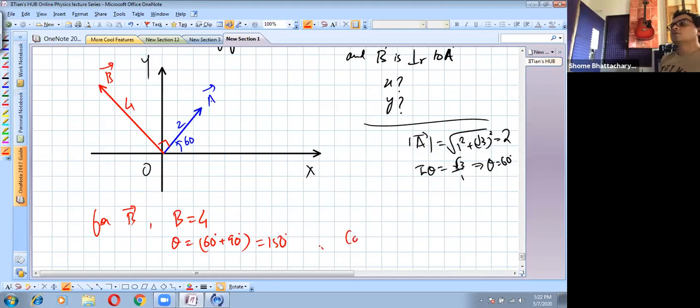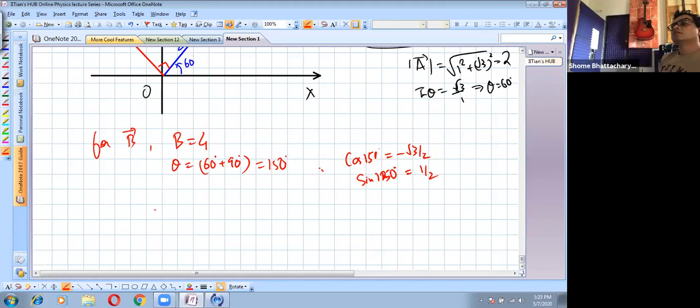So recall that cos 150 is minus cos 30, so that is minus root 3 by 2, and sin 150 is positive sin 30, so that is half. Using these values, the vector B will become B cos theta î plus B sin theta ĵ.